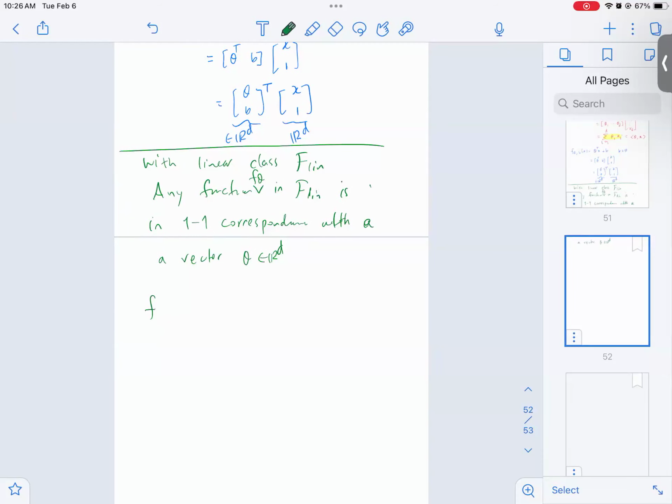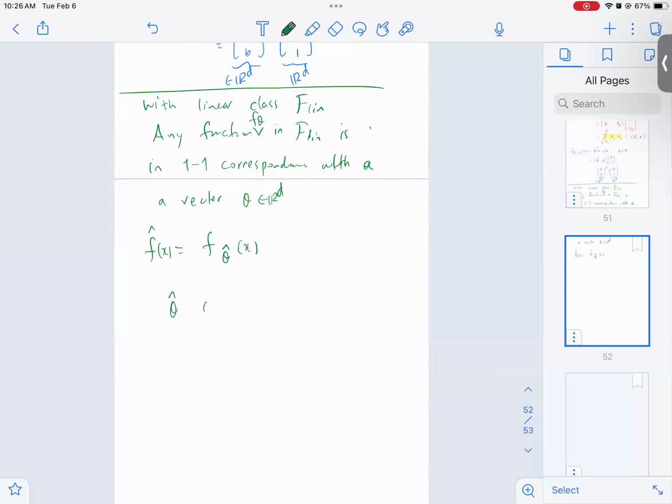So our f hat would be just f of theta hat, where theta hat is minimizing 1 over n, summation i from 1 to n, of y i minus f theta of x i, squared. Instead of minimizing over the class of functions, this is equivalent to minimizing over theta. I can replace f in F by f theta and then by theta.